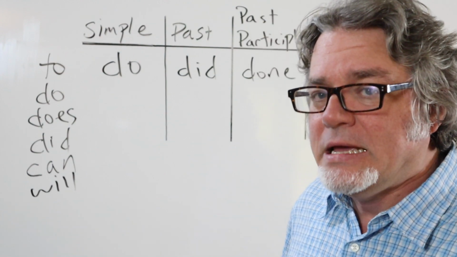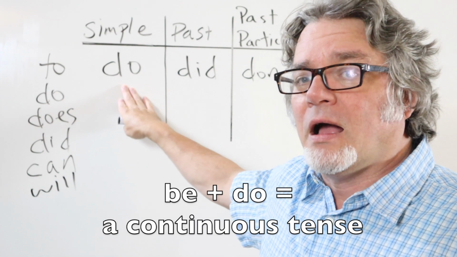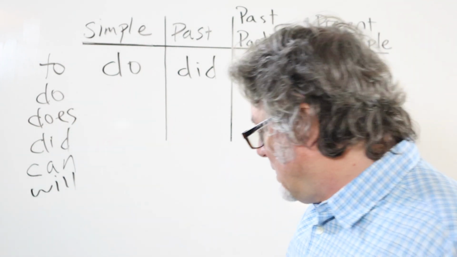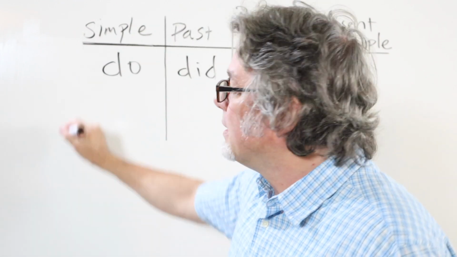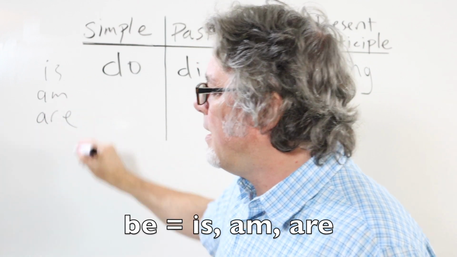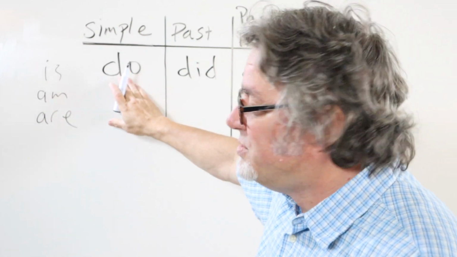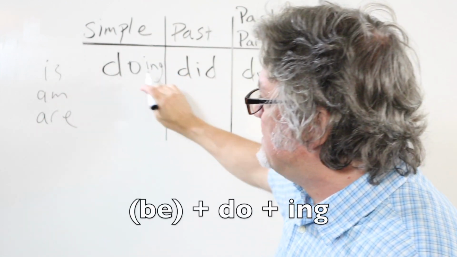When the verb be is used with do, then you form a continuous tense. So, is, am, are, and then the word do with the ing ending.